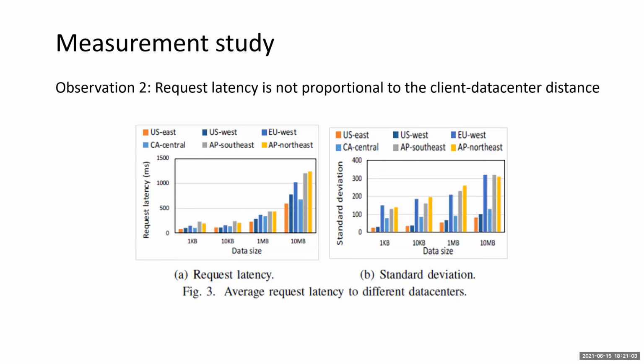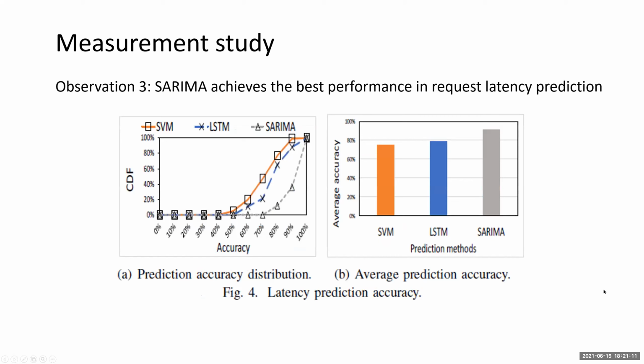The second observation is that the request latency is not proportional to the client-data center distance. The third one is that we tried three different machine learning prediction techniques, SVM, LSTM, and SARIMA. Finally, we found that SARIMA can achieve the best performance in request latency prediction.